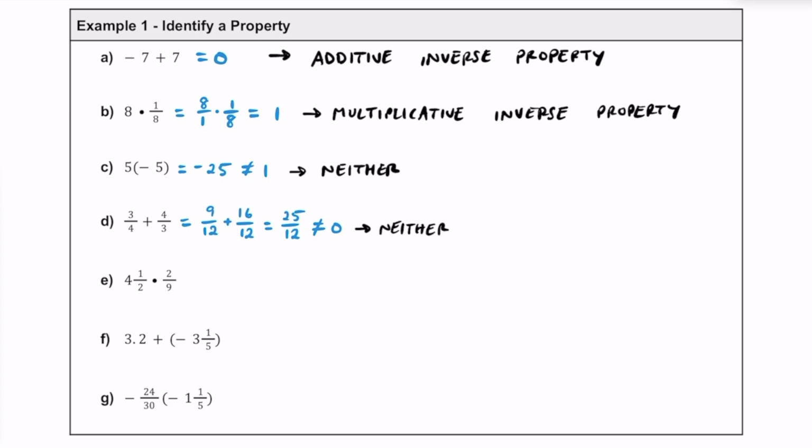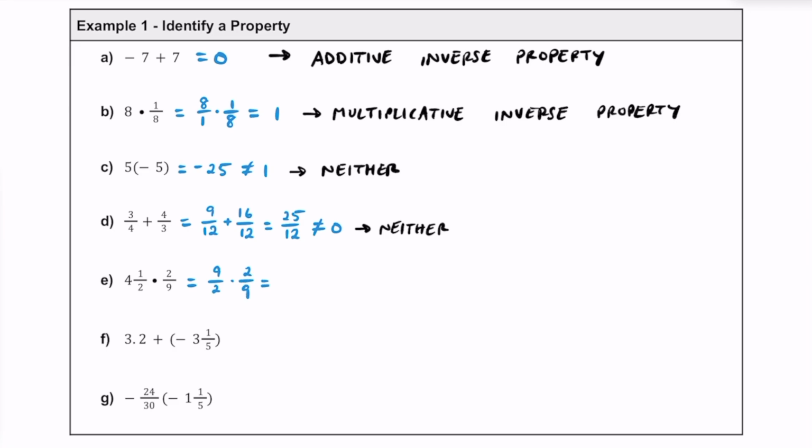All right, next for letter E, we have 4 and 1/2 multiplied by 2/9. If we're multiplying here, we should maybe be thinking of the multiplicative inverse property, but are these reciprocals or multiplicative inverses of each other? Well, if you go ahead and do big bottom plus the top and turn this mixed number into an improper fraction, big bottom, that's the big number times the bottom, 4 times 2 is 8, 8 plus the 1 on top is going to be 9, so this is 9/2 multiplied by 2/9.